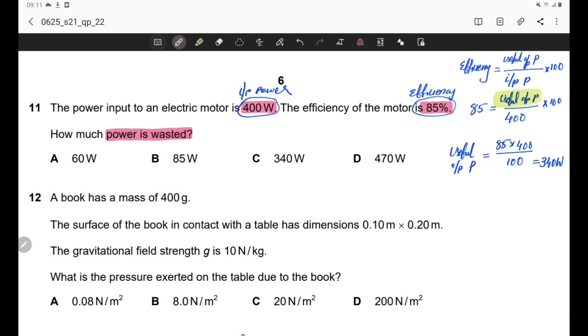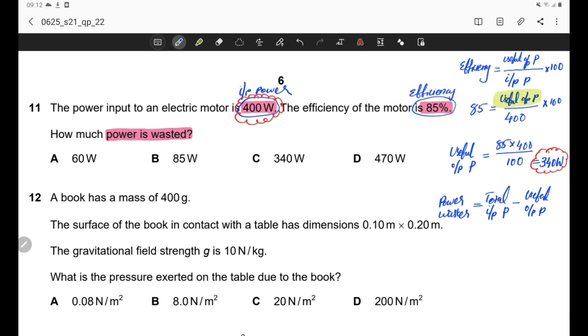So in this question we can see for an electric motor, the total input given to the electric motor was 400 watt. Out of that, only 340 watt is consumed for a useful output. So the remaining will be wasted. We can calculate the power wasted as the total input power minus useful power.